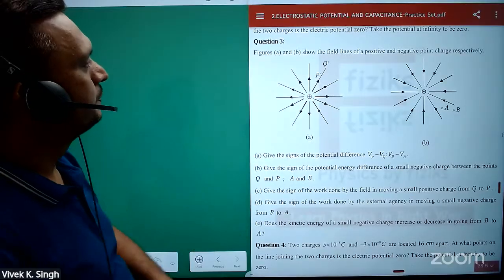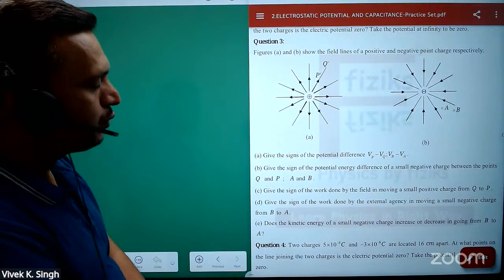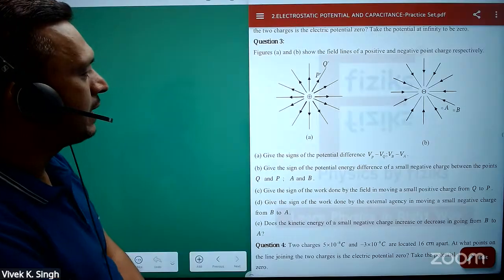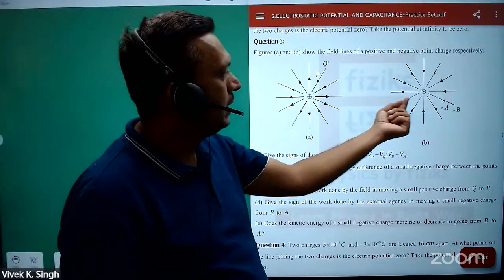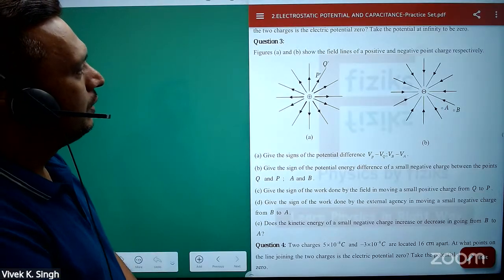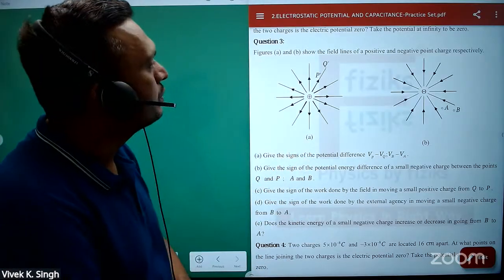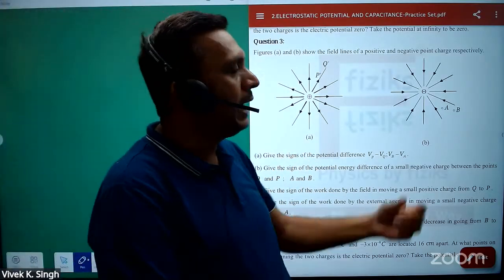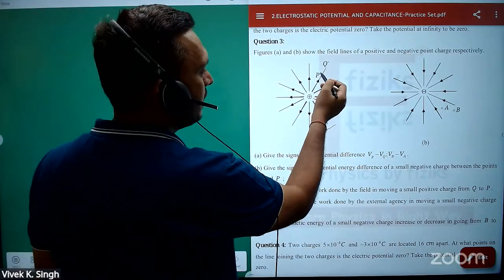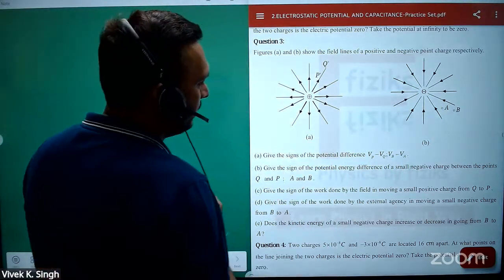In this question, electric field lines are given due to plus Q charge and minus Q charge. So it's a field lines. Figure A and B shows field lines of a positive and negative point charge. And there are 2 points here. One is point Q, P, another point is A and B.